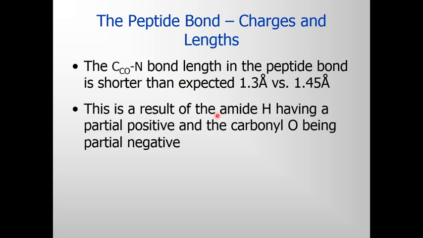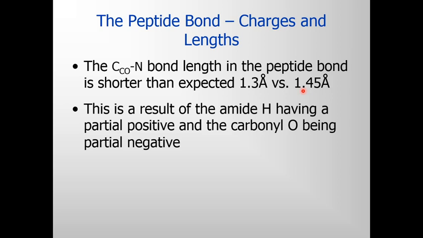This is a result of the amide having a partial positive and the carbonyl O being partial negative. This is one of the reasons why that CON bond, right, is partially single and not completely a single bond.